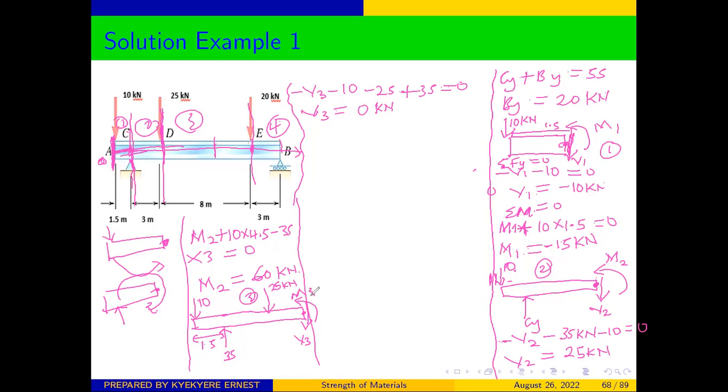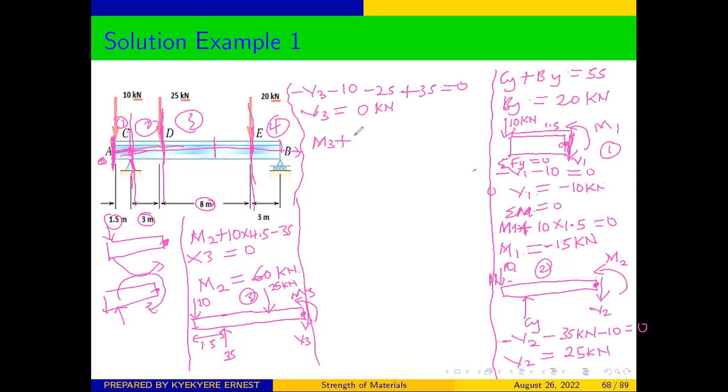Let's find the moment M3. This is M3. So we are taking the moment at point E. So all the forces times the perpendicular distance: 10 times the distance to where we are taking the moment, E. The perpendicular distance is 8 plus 3 plus 5, which will give us 12.5.